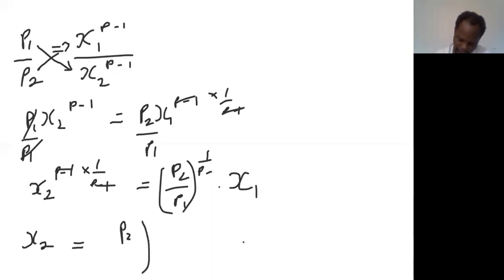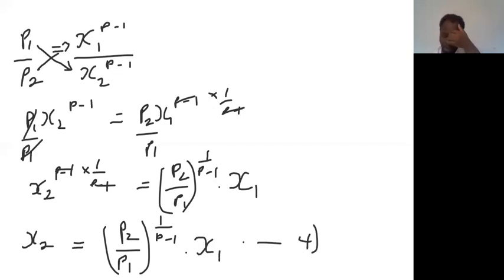So I have x2 is equals to P2 over P1 into bracket 1 over φ minus 1, multiplied by x1. So I'll call this one equation 4, right? So this is equation 4.